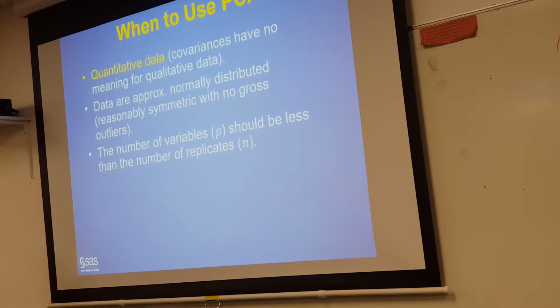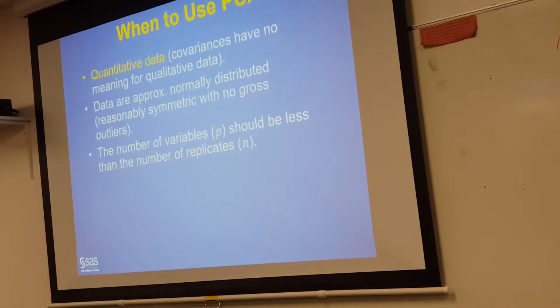And it works well if the number of variables is less than the number of observations that you've got. Right? If the number of observations is a lot less than the number of variables, well, SAS can still come up with a solution, but your covariance matrix or your correlation matrix is not very stable. Right?